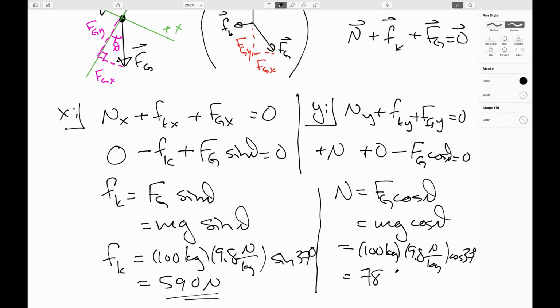That works out to be 783 newtons. Now, both of these numbers are less than 980 newtons, which is the force of gravity on our skier. They're both bigger than 0, so this seems reasonable. Again, this is kind of like our tug-of-war situation where the sum of the two other forces was more than the other one. So that all works out and makes sense.